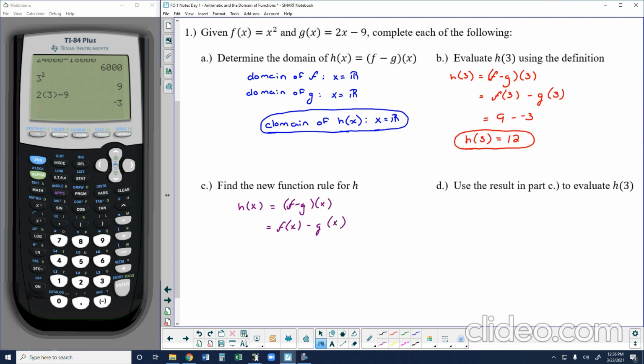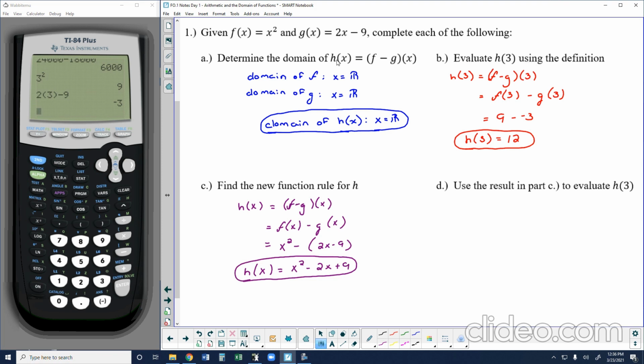Well, we know what f of x is. It's x squared. And we know what g of x is. It's 2x minus 9. So if I substitute into this, and this is taking many steps to get to the general subtraction of the two functions, what we get is x squared minus 2x plus 9. So this is another way to express h of x.